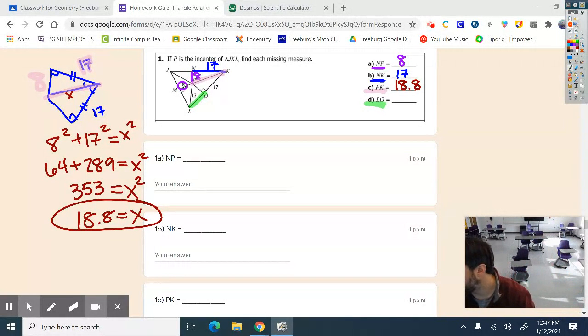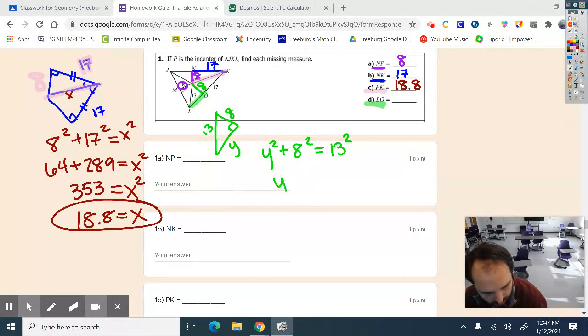You know that this triangle, there's your unknown, let's call it y. We're still equal distance to the side, so that's an 8. And then we have that diagonal 13. So y squared plus 8 squared equals 13 squared. Y squared plus 64 equals 169.